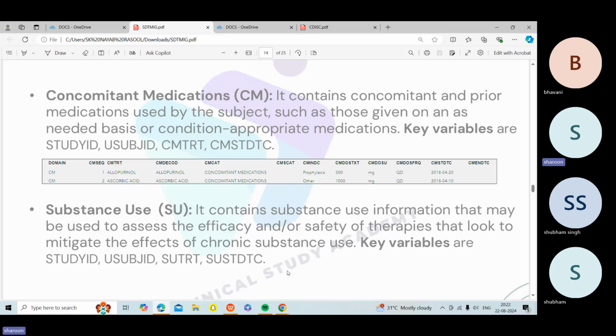Whenever we are enrolling any patient, at the time of screening, we have some criteria. Along with the criteria, we collect a lot of data of the patient. Like, from the past 5 years, or past 10 years, if they were consuming drug, alcohol, tobacco, even coffee, if they are actively preferring chai or coffee, anything.